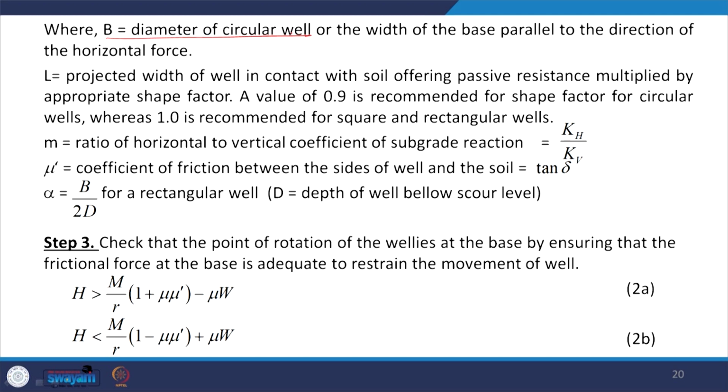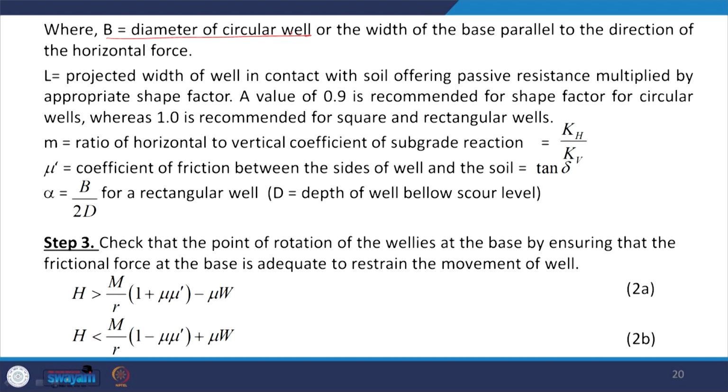Normally D is the diameter, but here B is the diameter of the well or width of the base parallel to the direction of the horizontal force. L in this equation is the projected width of the well which is in contact with the soil, offering passive resistance, multiplied by an appropriate shape factor. To find the value of L, first get the projected width of the well and then multiply by the shape factor.